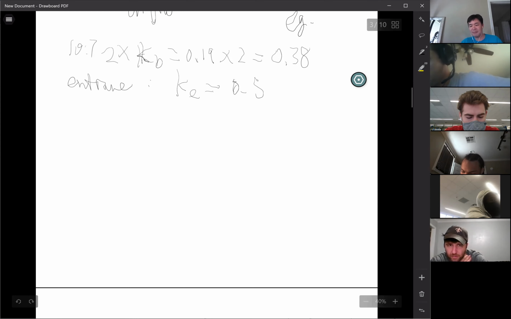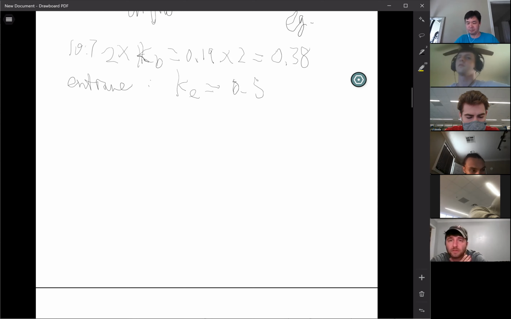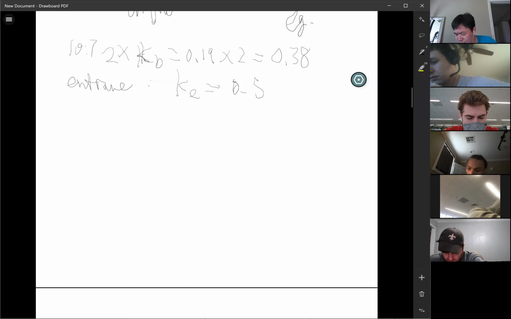Sharp entrance means there's no gradual change, no turns in the entrance, just a 90-degree sharp entrance. So if it's a sharp 90-degree entrance, then it will be 0.5. If it gives you an R over D value, it means the entrance is gradually changed, then you have a smaller K for that. Okay.